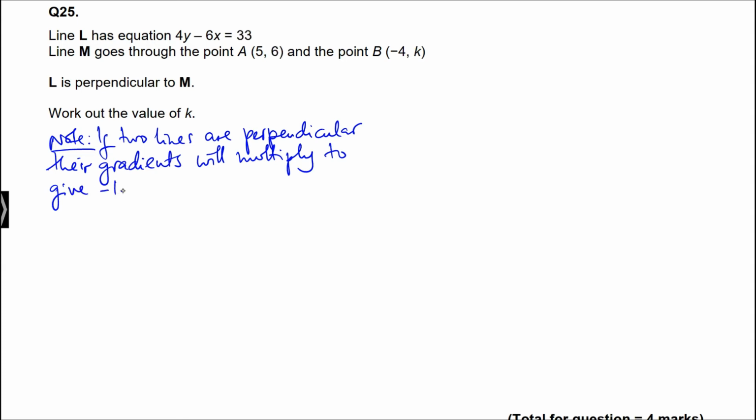So we are going to use that idea to be able to find the value of k. So step one, we can start by finding the gradient of equation L.